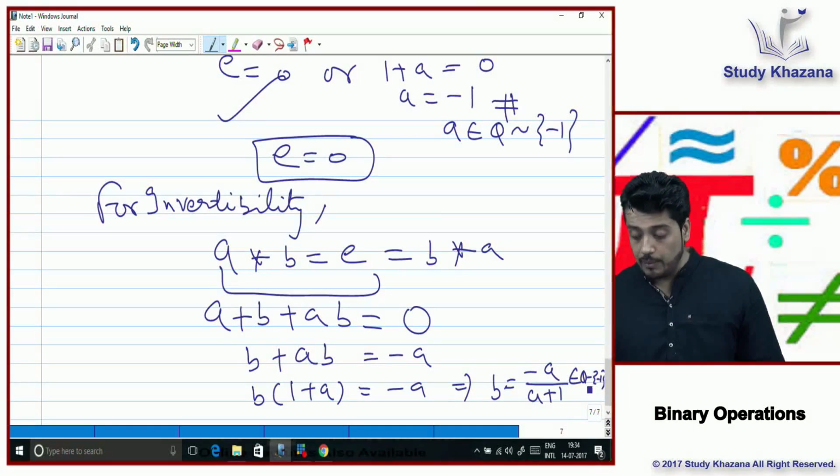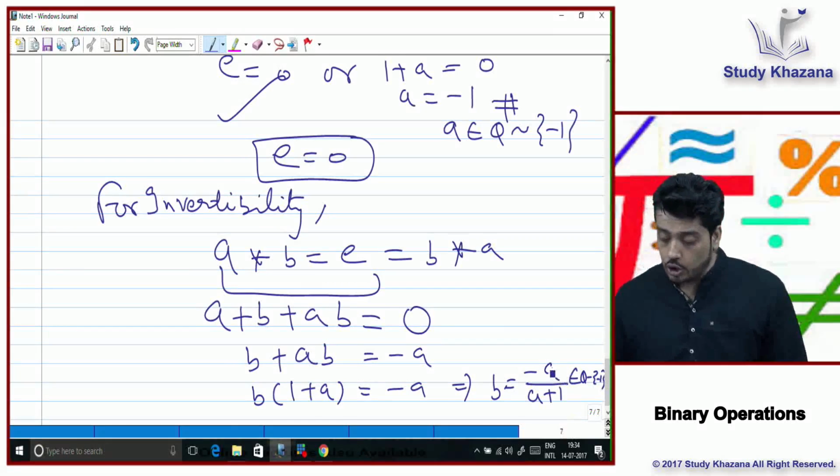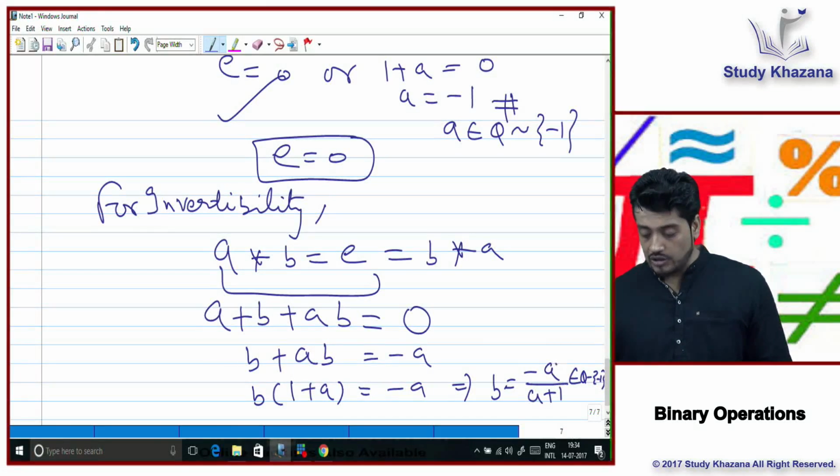Now, why does this element belong to Q deleted minus 1? Look, it is in Q, because this is rational.